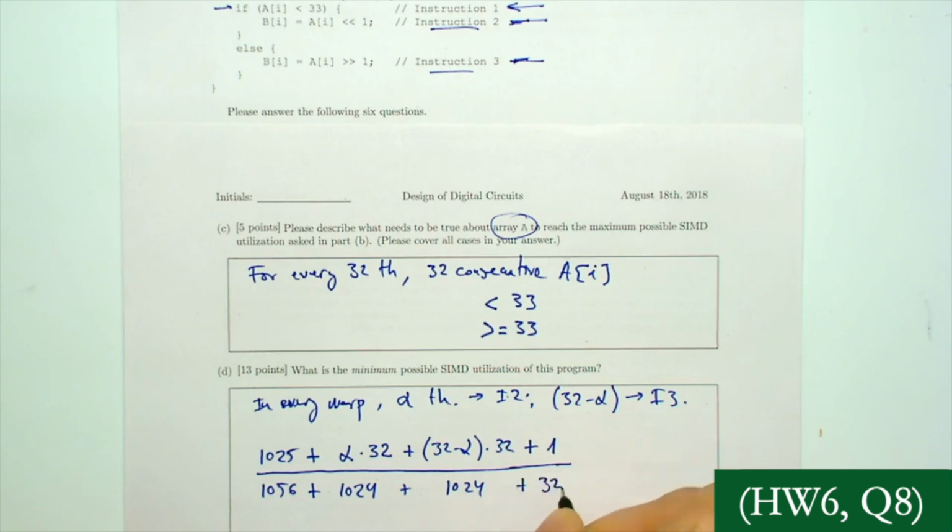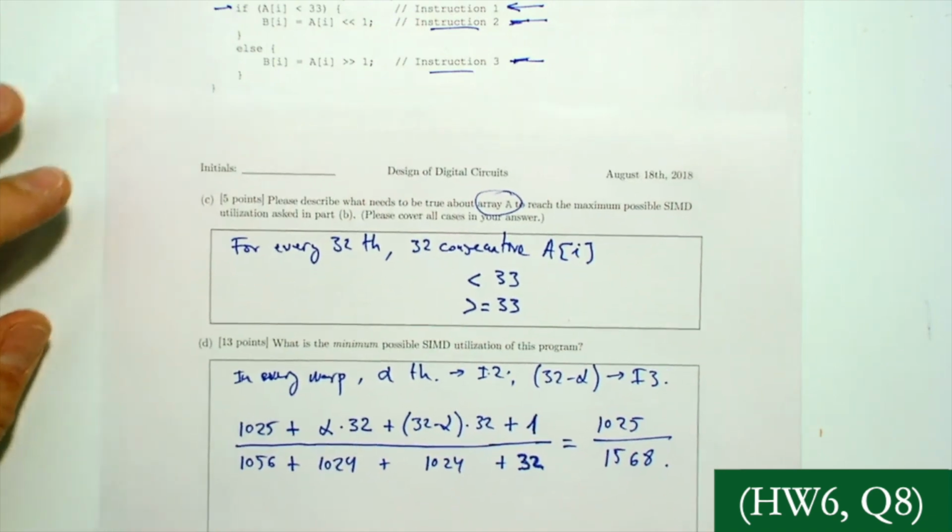We don't care if this last thread executes instruction 2 or instruction 3. The result is not going to change, but it's only one thread every 32 threads that belong to the same warp. So this, as you can calculate yourself, will be 1,025 divided by 1,568. And that's the minimum SIMD utilization in this program.